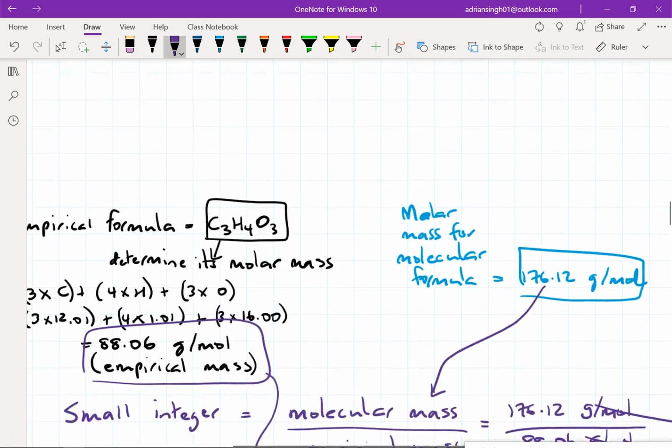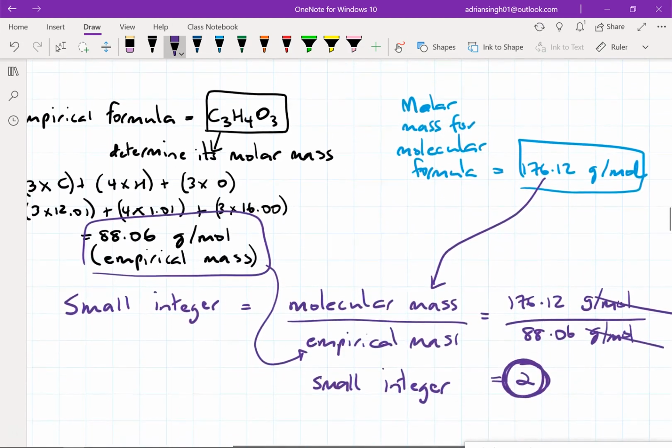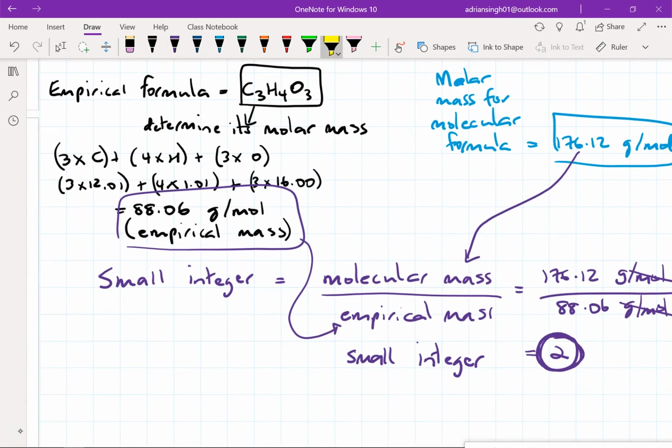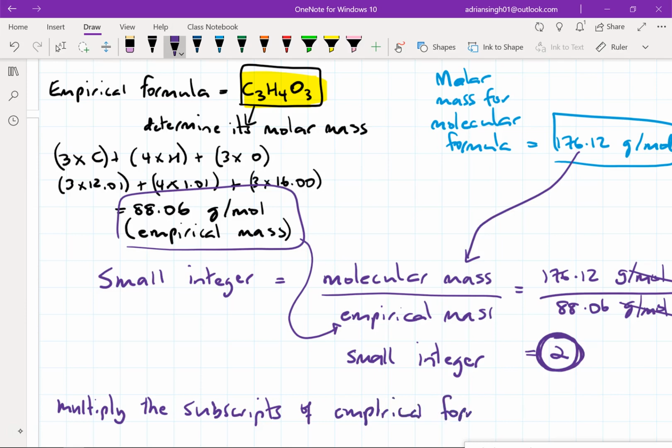So what are we going to do with that? Well, we're going to take our empirical formula up here, which we were given, and multiply the subscripts of the empirical formula by that small integer we just calculated, which was 2.